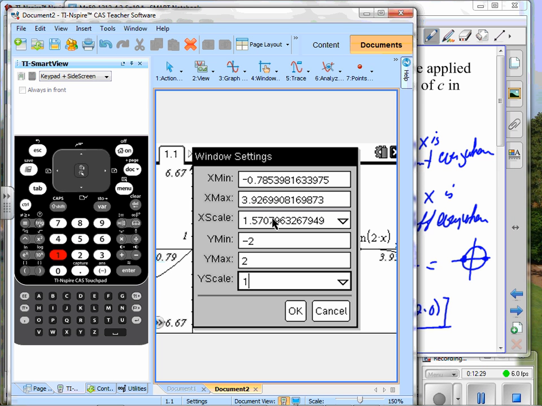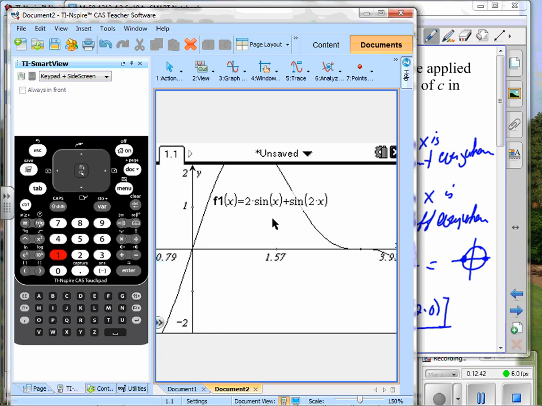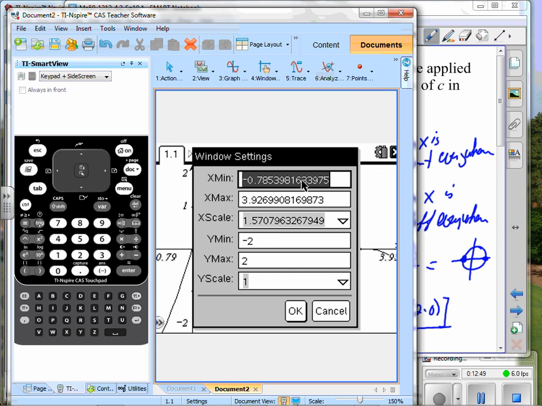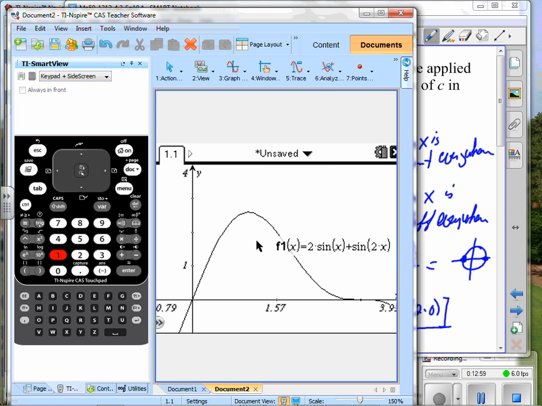So I had negative pi divided by 4 to 5 pi divided by 4. I scaled it by pi divided by 2. And when I hit enter inadvertently, it went to decimals. And then negative 2 to 2. I messed up on that, so I'm going to go back and change it now and make sure that I've got my maximum to be something that will show it. So change that to negative 1. So I have negative 1 to 4 on my output, and that looks a little better.